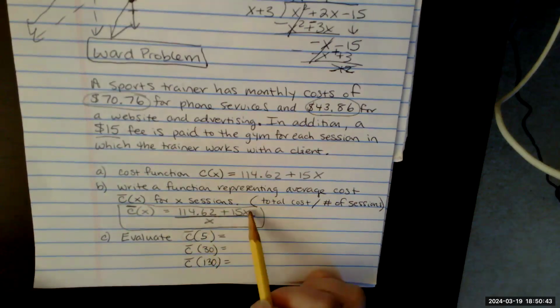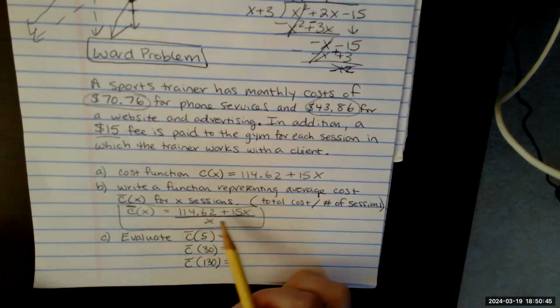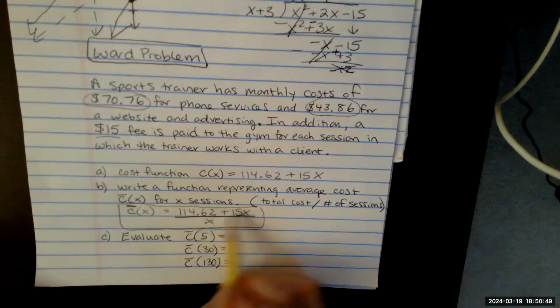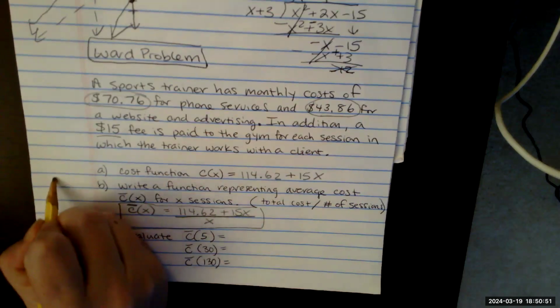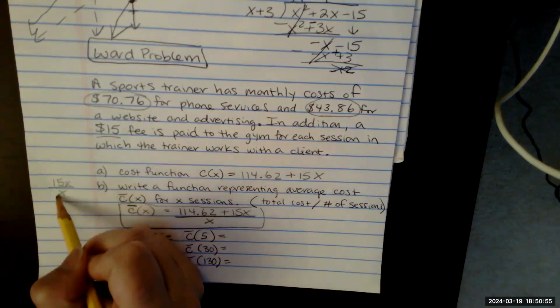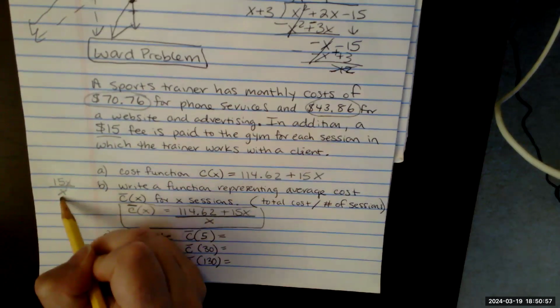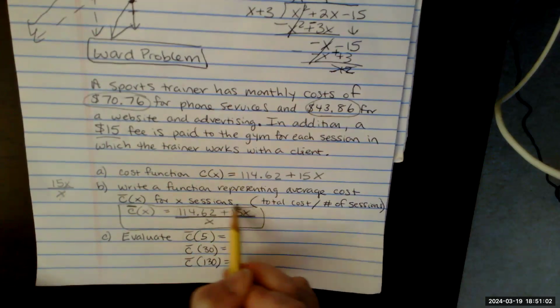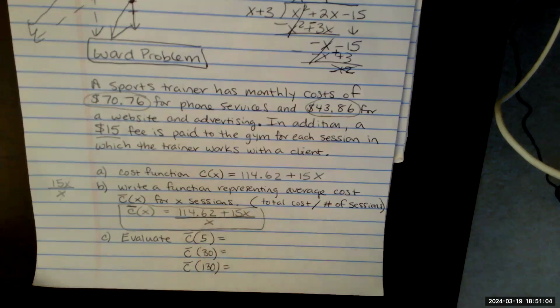And if you thought these X's could cross out, they cannot, because this 15X is tied together with this. So you cannot do it. If it was just 15X over X, you could, because these 2 things are being multiplied. But when something else is being added or subtracted, that kind of locks it together, and you can't individually cross out one thing.